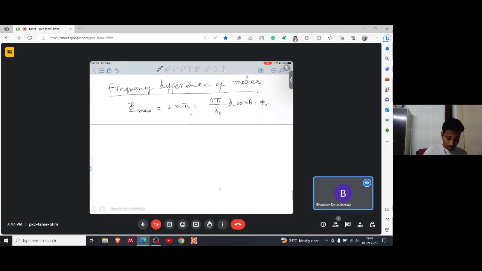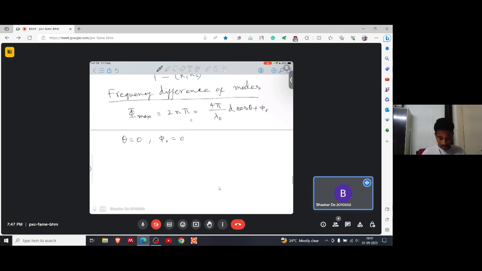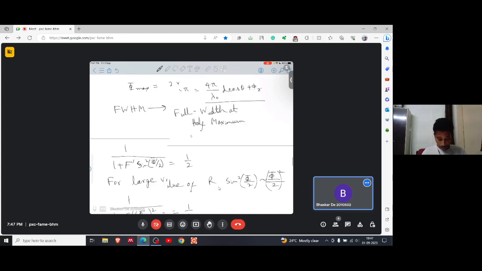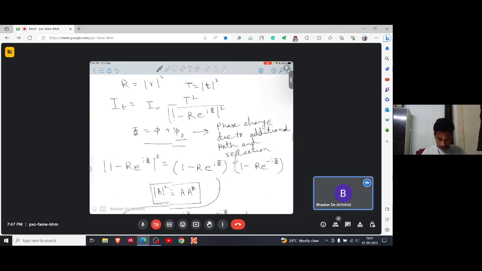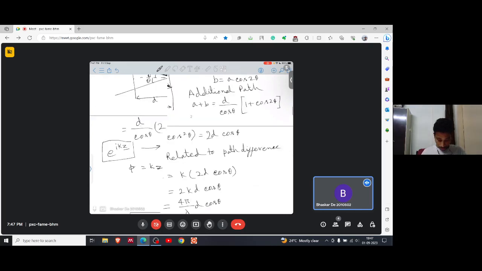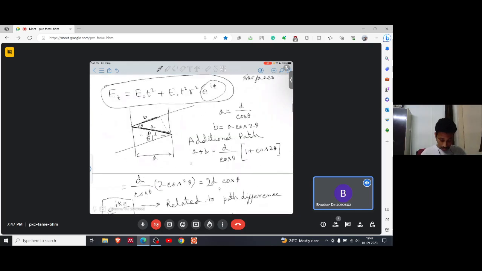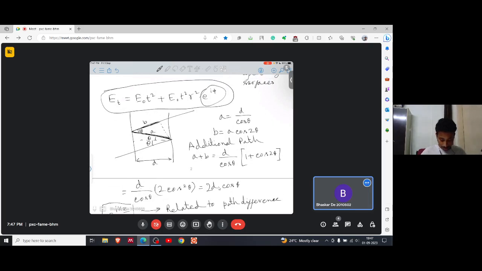Okay, so if we set theta equal to 0 and phi r equal to 0, what I want to say is that this incident beam is like this and the angle is very small.